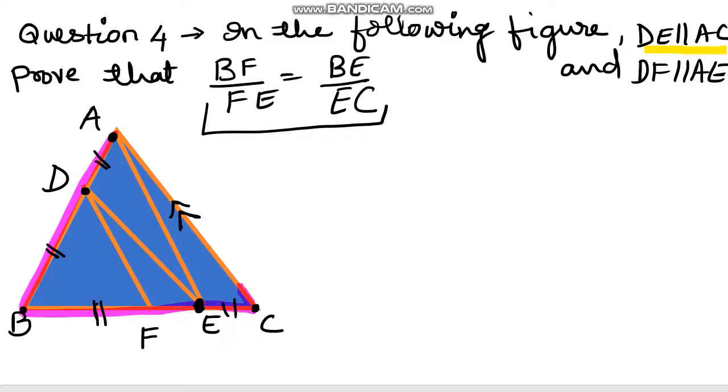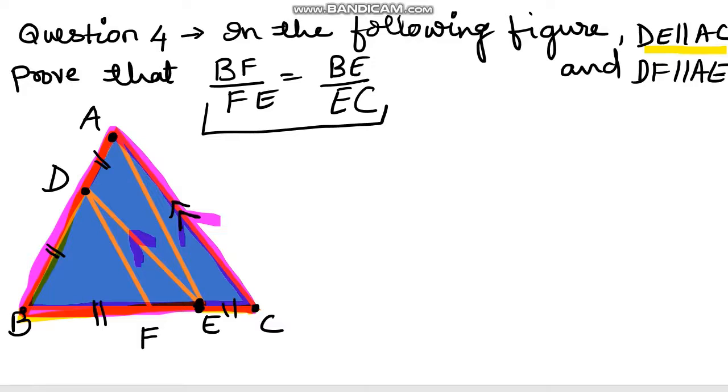Now in this triangle, children, you know AC is parallel to DE. So in this case, you will get BD by AD equal to BE by EC by BPT theorem. So let us start the solution.